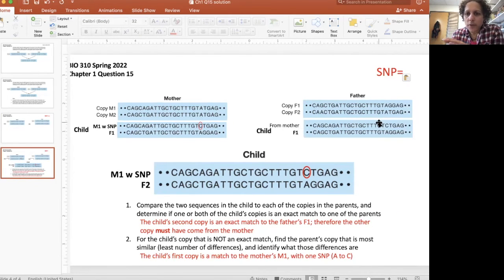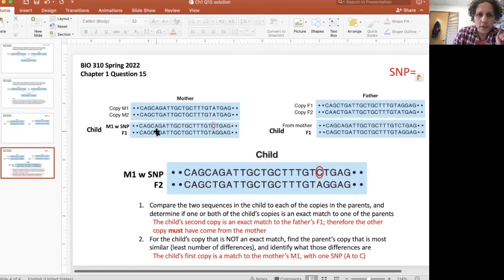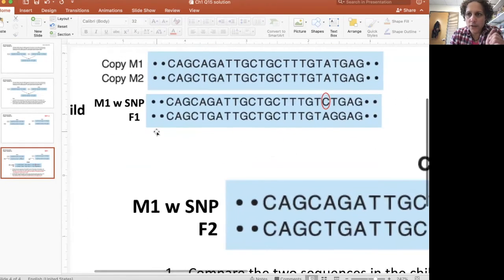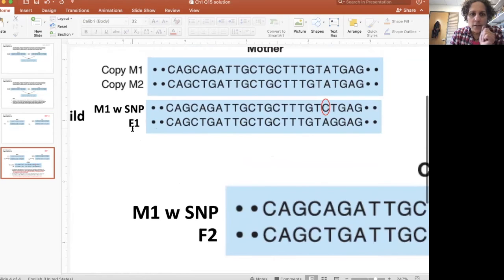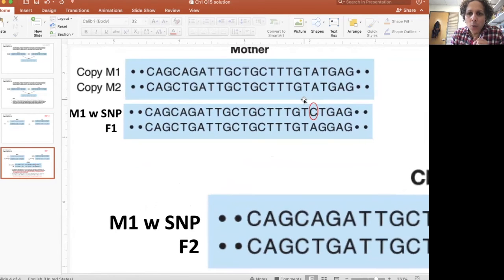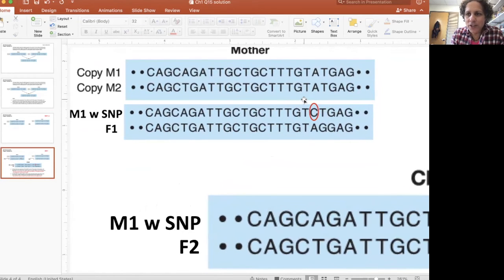Okay, so let's go over and look at mother, and let's do another pairwise comparison, as it's called. So we know second strand is F1, so we're going to ignore that one and just look at first strand and compare first strand to both of the strands of the mother and see which comparison has the least number of differences, okay?